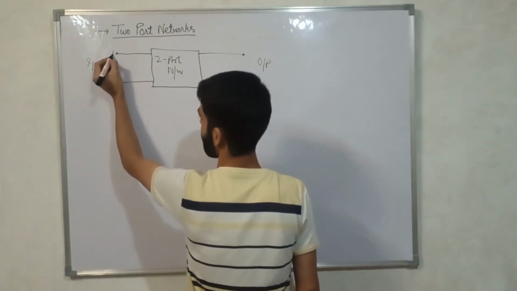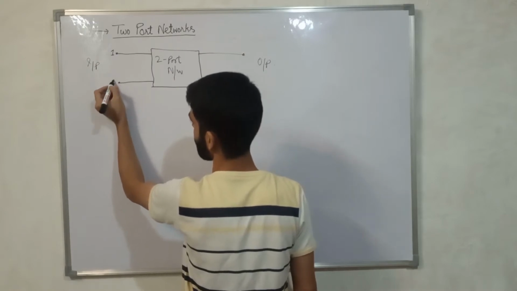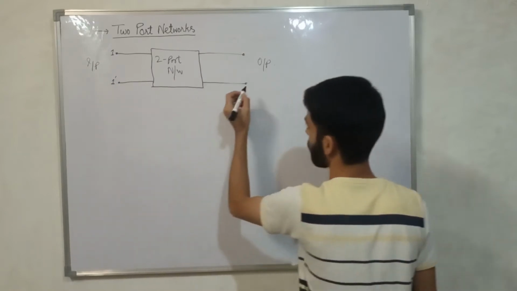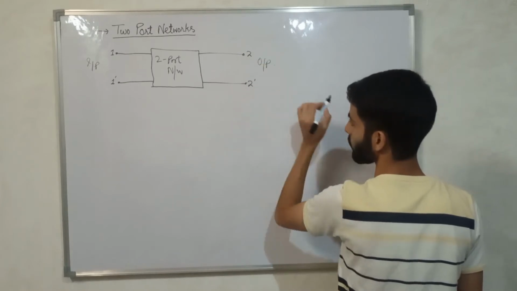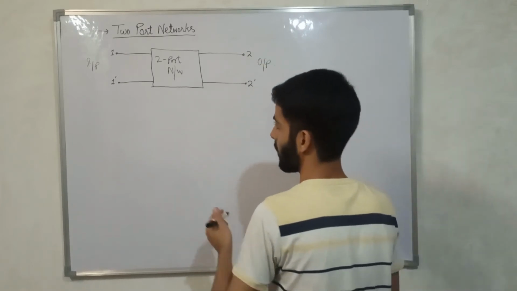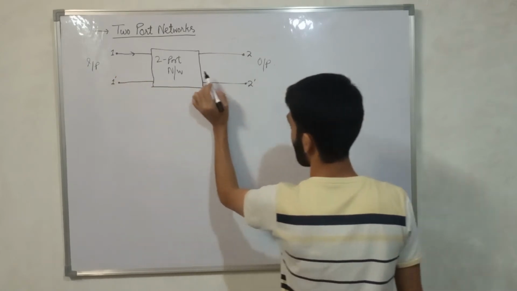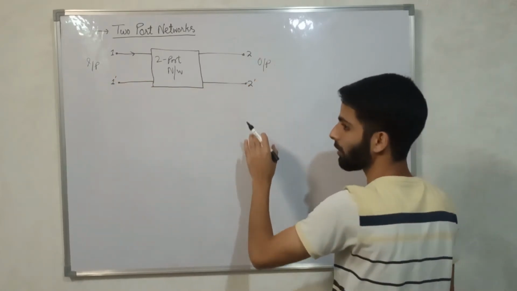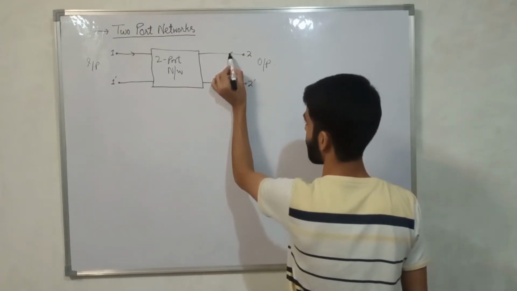Let us name them port 1, 1 dash, and port 2, 2 dash. In this way, current enters like this, and on the output port, the convention of the current will be expressed like this.